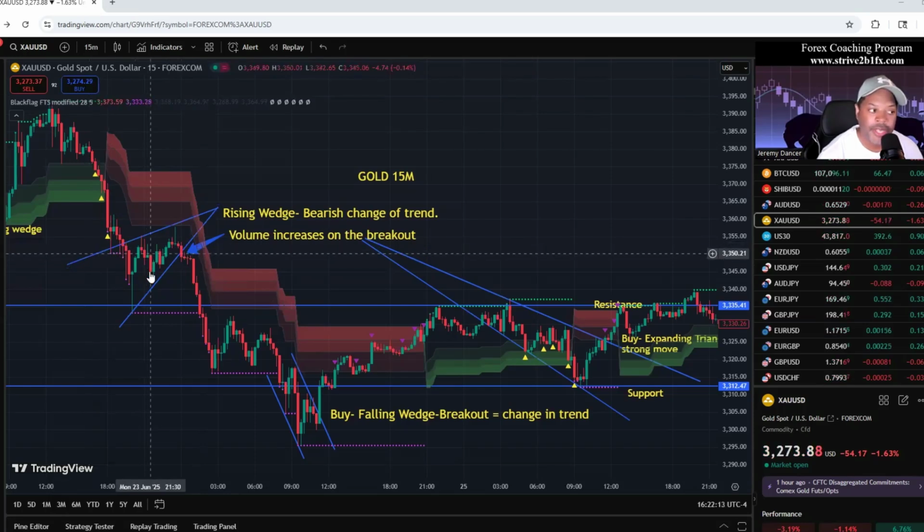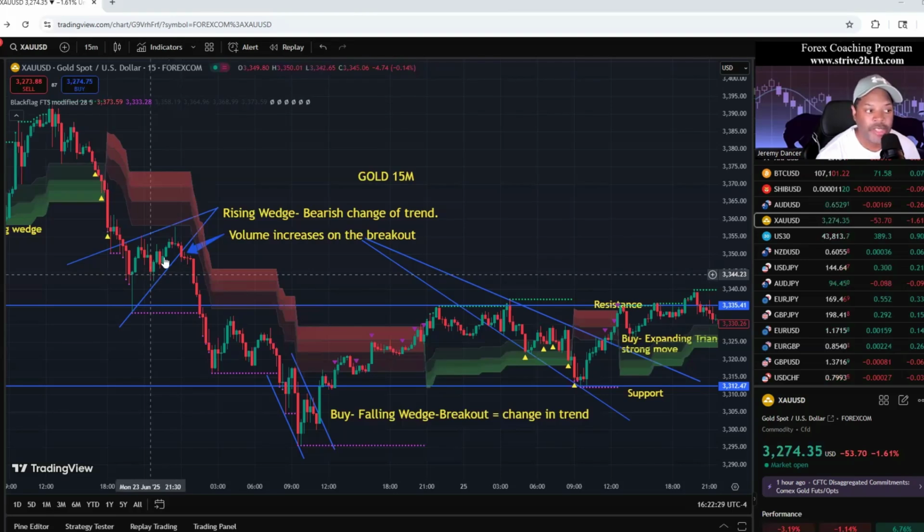So the candles in the middle represent consolidation. Okay. And in the middle, when you have this consolidation, the volumes tend to be pretty low.